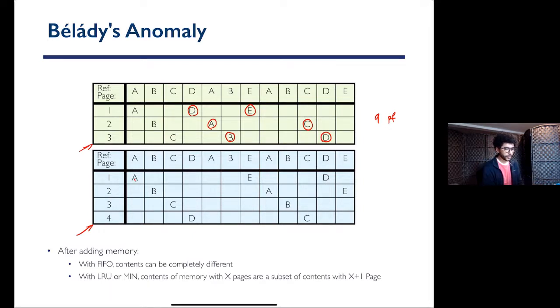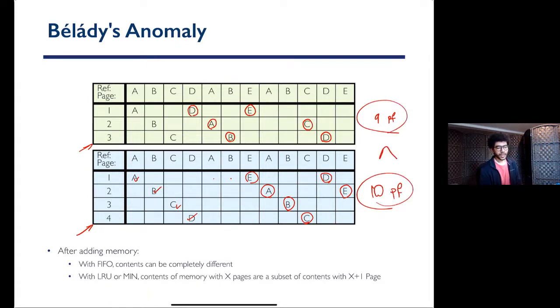All the first 4 are going to miss. Then A and B are going to hit. E is going to kick out A, then B, then C, then D, then A, and E is going to kick out B. How many page faults? Well, it's 10 page faults. So I increased my memory, but that increased my page faults.